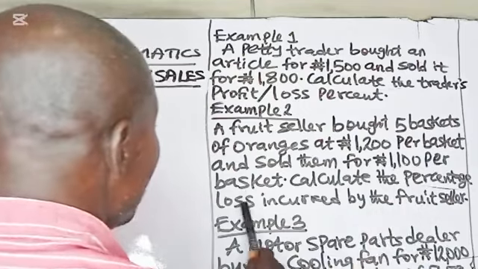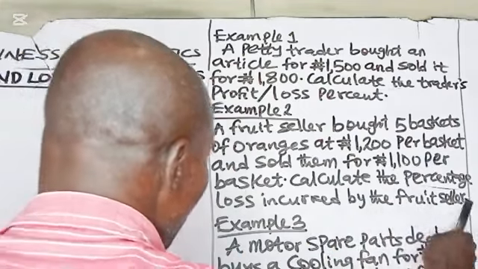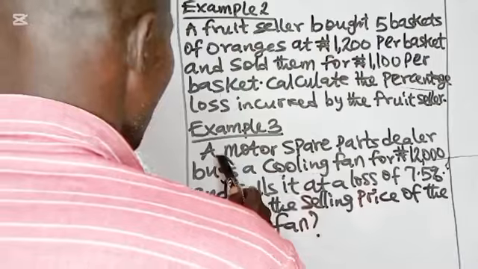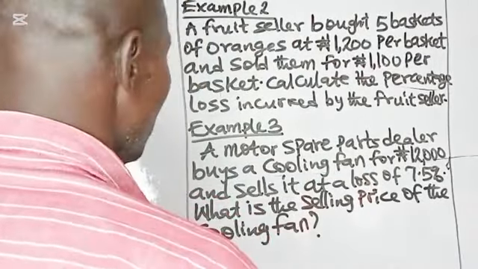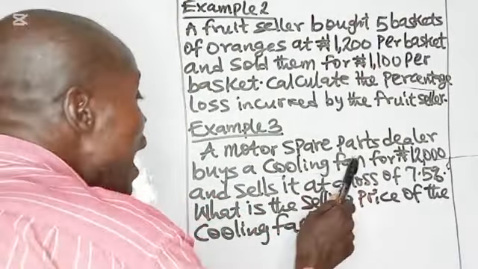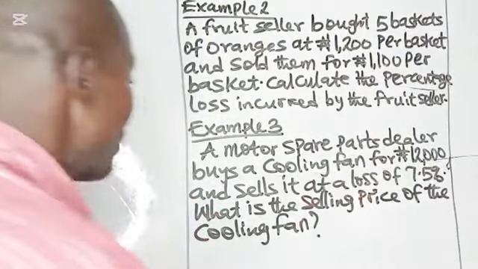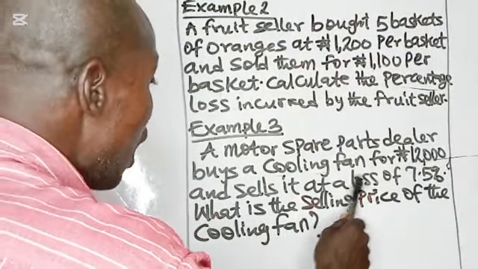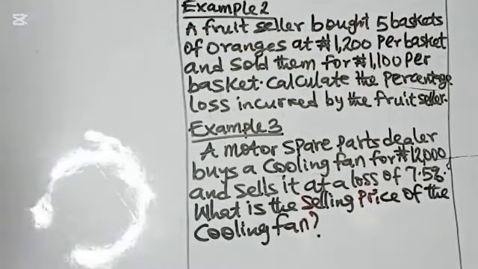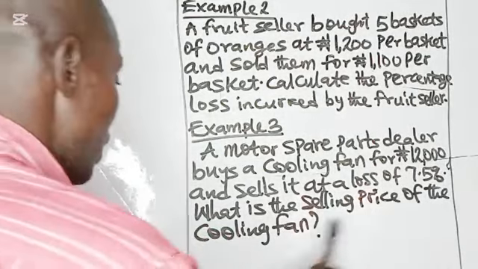Calculate the percentage loss incurred by the fruit seller. Example 3. A motor spare parts dealer buys a cooling fan for 12,000 naira and sells it at a loss of 7.5%. What is the selling price of the cooling fan?